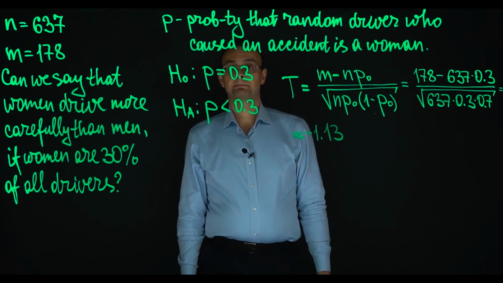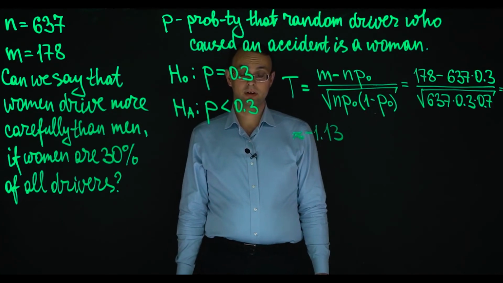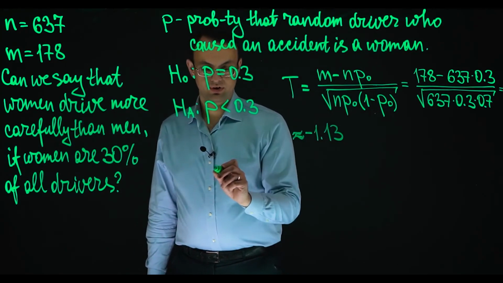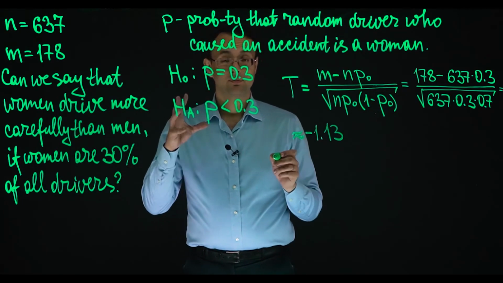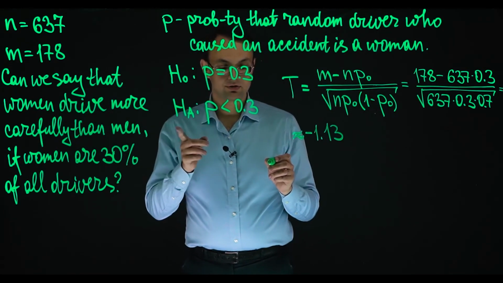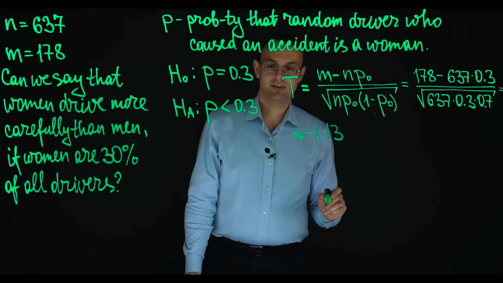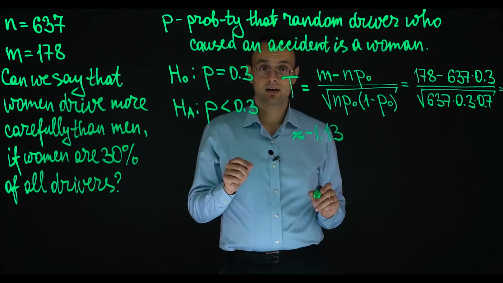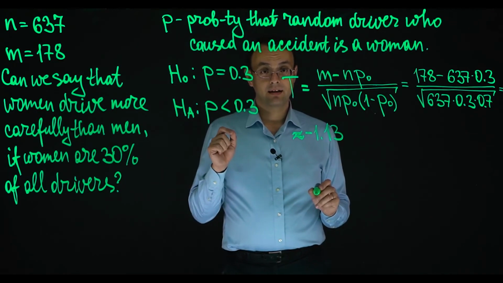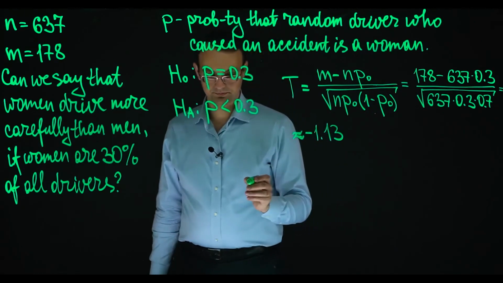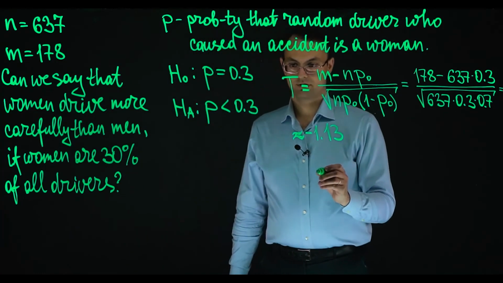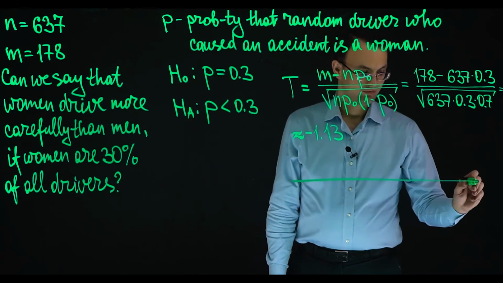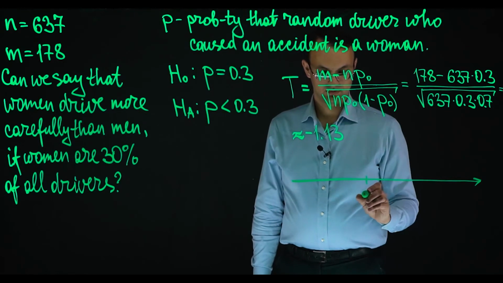Then we can compare this. So we are to construct the critical and acceptance regions. As we have a less sign in the alternative hypothesis, we have a left-tailed critical region.